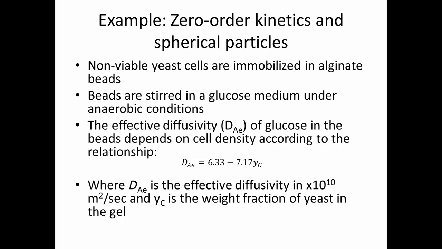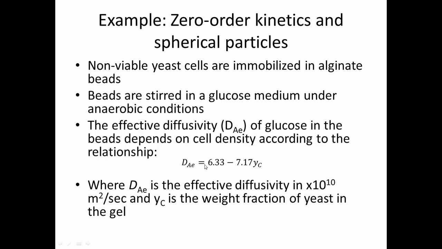So let's look at an example with zero order kinetics in spherical particles. We have non-viable yeast cells. We talked about non-viable cells a while ago in one of our mass balance classes. Here are non-viable yeast cells that are immobilized in alginate beads. These beads are stirred in a glucose medium under anaerobic conditions, and the effective diffusivity of the glucose in the beads is dependent upon the cell density according to this relationship here.